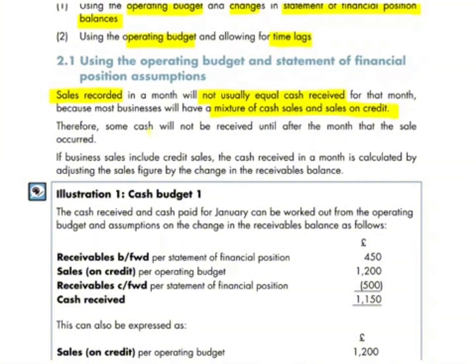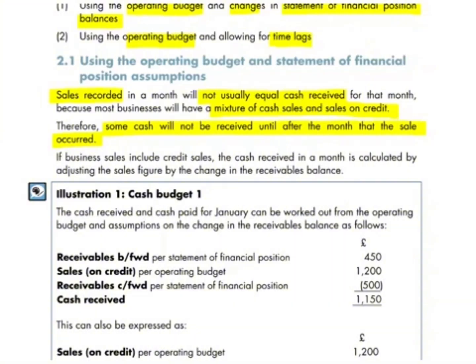So that means some cash will not be received until after the month that the sale has occurred. So from a cash budget perspective, we need to be aware of that and record the cash coming in the time period when that cash is actually going to be received.